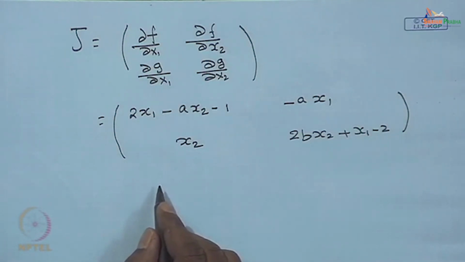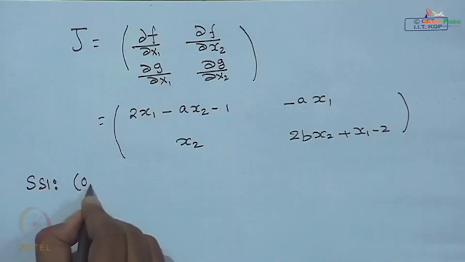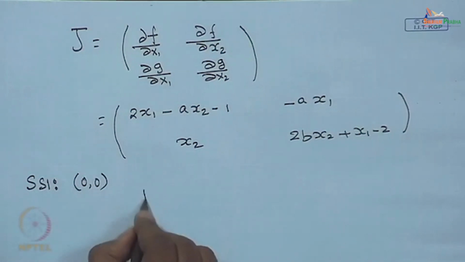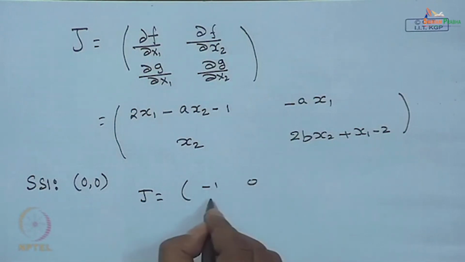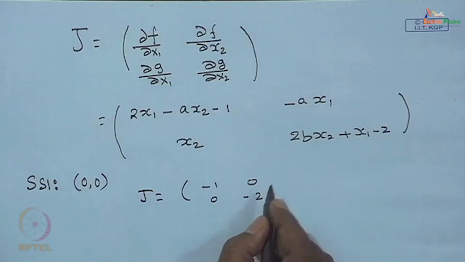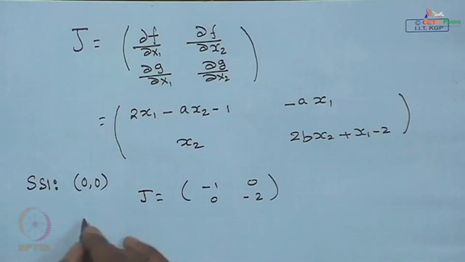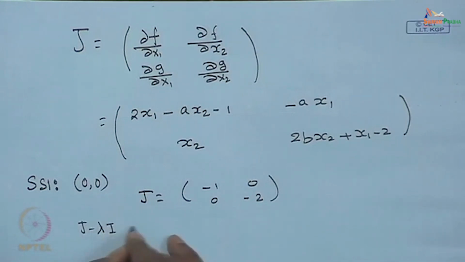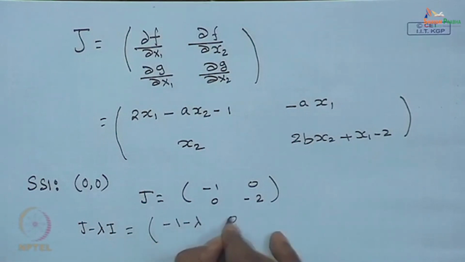Now we take up individual steady states and check their stability. The first steady state is 0, 0. So, J becomes minus 1, 0, 0, and minus 2. We evaluate J minus lambda I to get the eigenvalues. It becomes minus 1 minus lambda, 0, 0, minus 2 minus lambda.